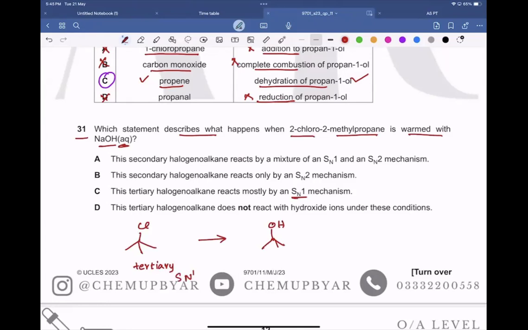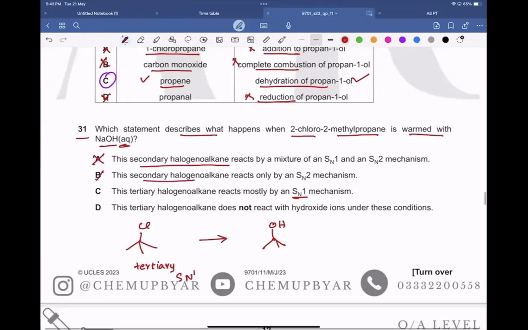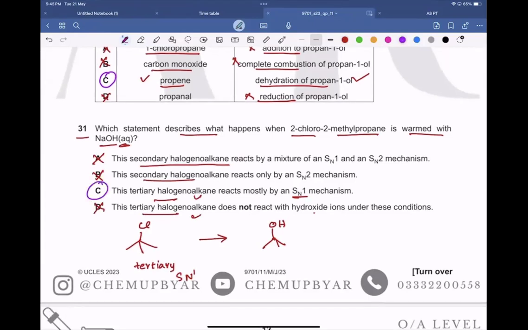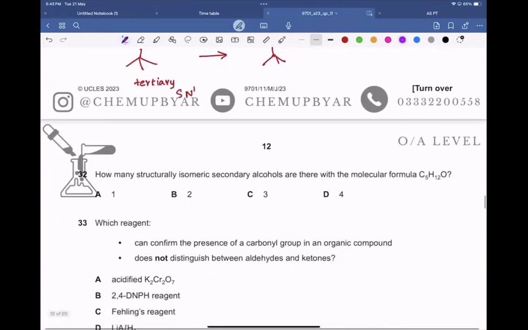Not SN2. This says secondary halogenoalkane, so the first option is completely wrong. It's not secondary. This says tertiary does not react with hydroxide ion, completely wrong. Reacts mostly by SN1 mechanism: that's what we have studied when there is a tertiary alkyl halide. P1 is relatively very hard, so you have to practice a lot, and you have to manage the time as well.